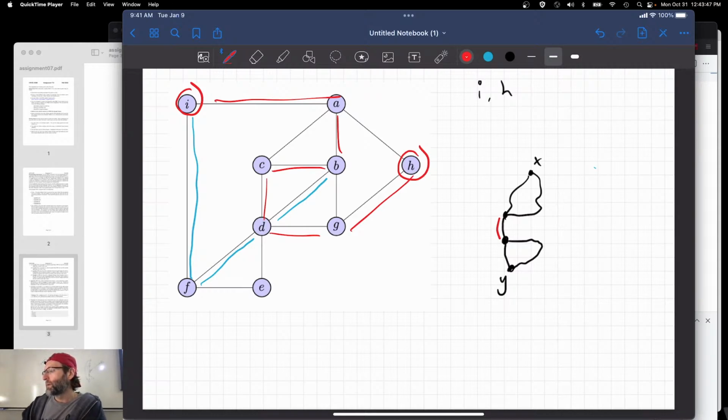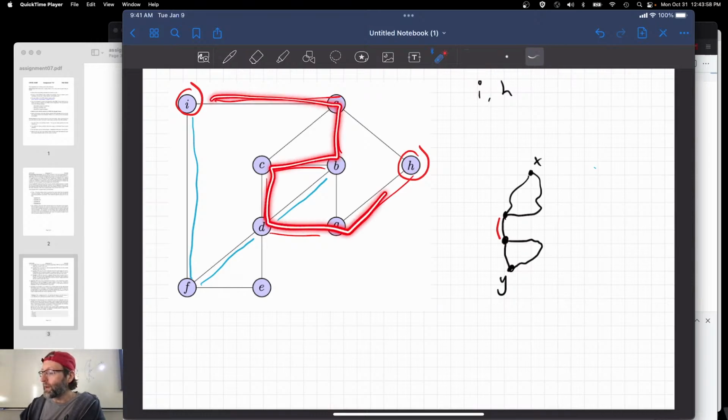Well, do X and Y make a cycle? So suppose one DFS goes like this. What you've done is you've taken out all the edges necessary to find the other path.